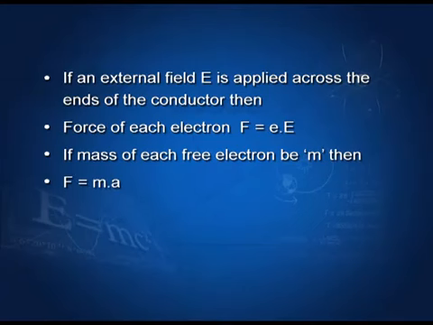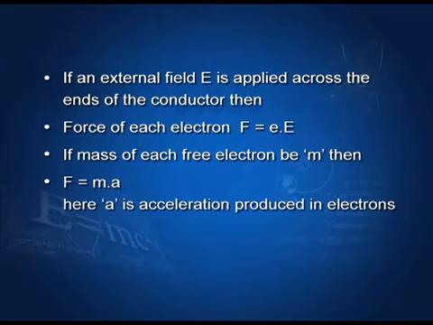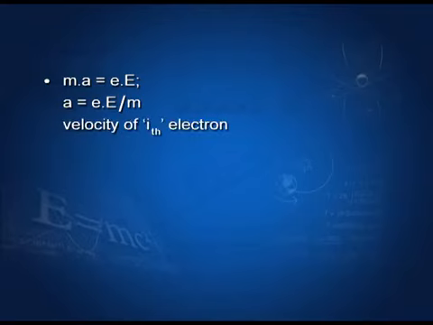Newton's second law gives us, here a is the acceleration produced in each electron. So we get m into a equals small e, the charge, into capital E. Therefore, acceleration a equals eE divided by m. So velocity of the ith particle, using the first equation of motion, vi equals ui plus acceleration a into time ti.